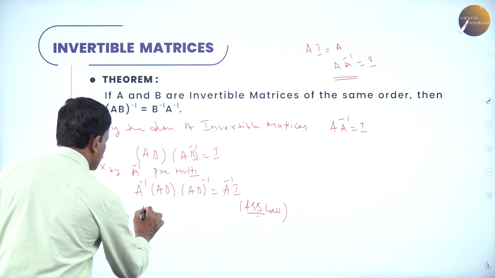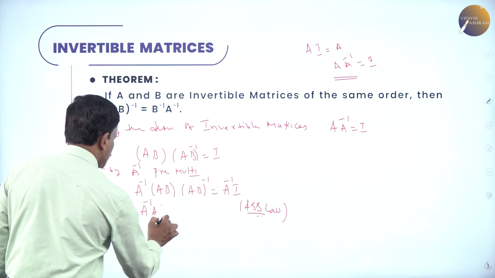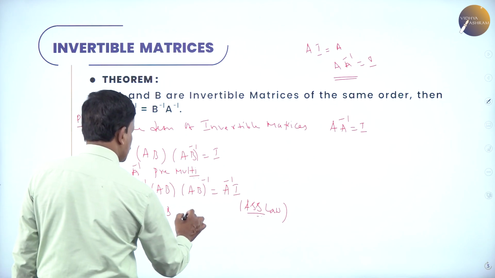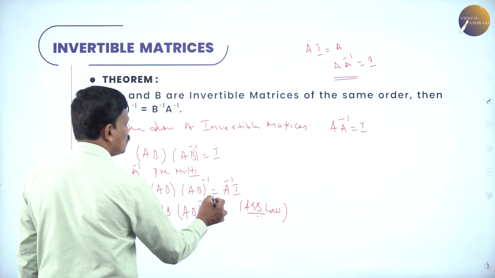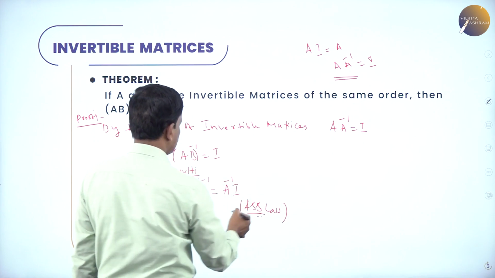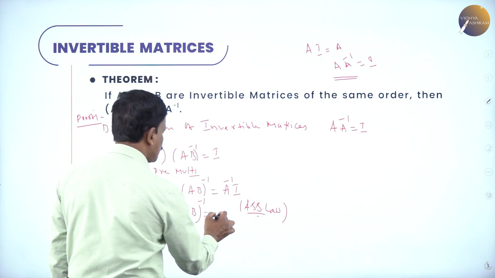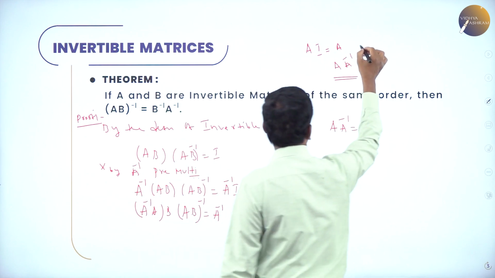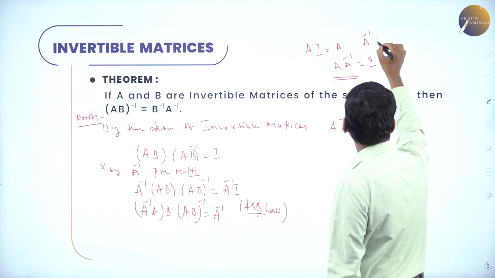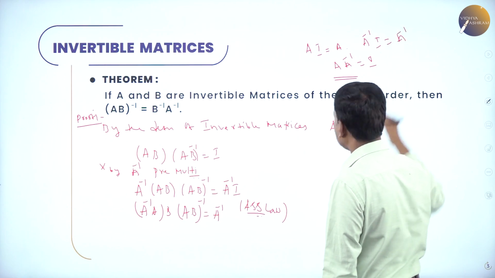This can be written as A inverse into A into B, and (AB) whole inverse is equal to, if you multiply any matrix with an identity matrix you get the same matrix, that is A into I is equal to A. Therefore, A inverse into I is also equal to A inverse.